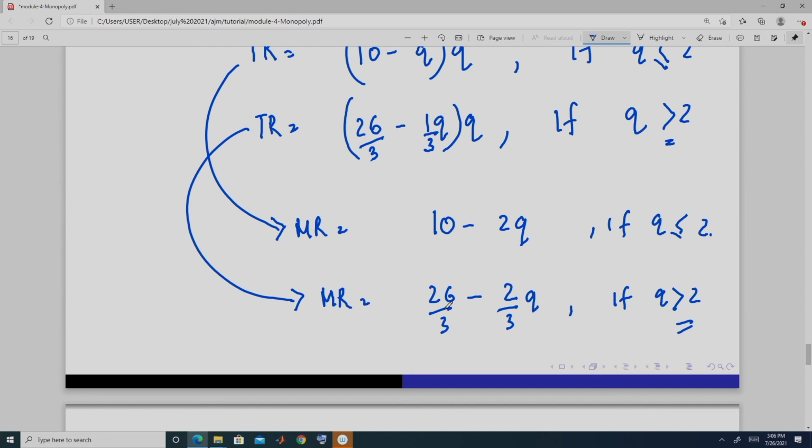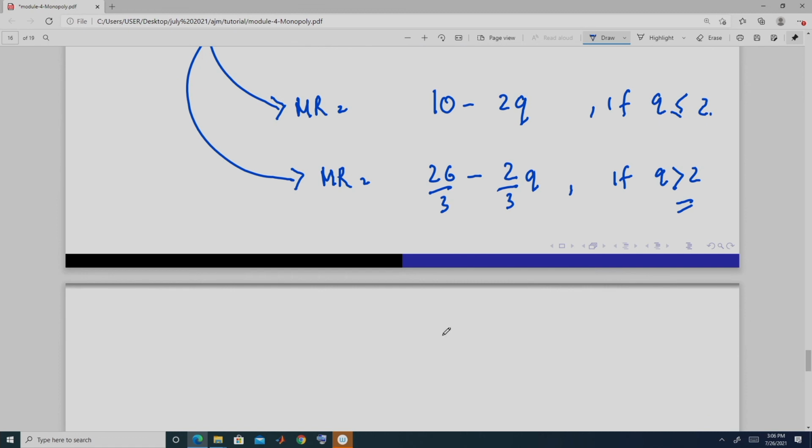And if you plug in 2 here, this is equal to 26 minus, so this is 22 by 3, right. And if you plug in 2 here, it is 5.